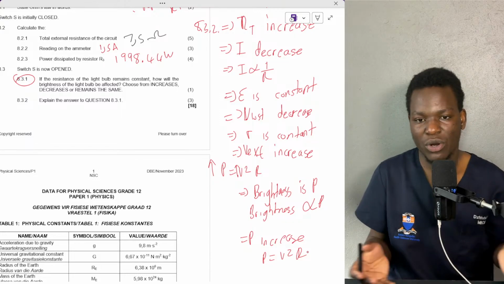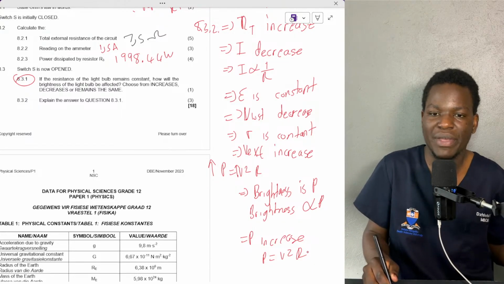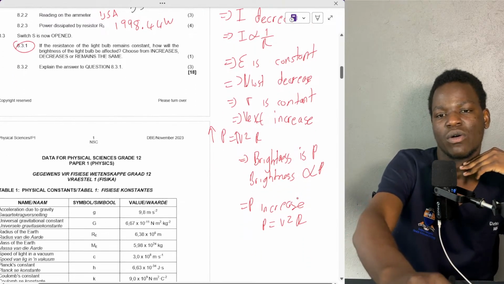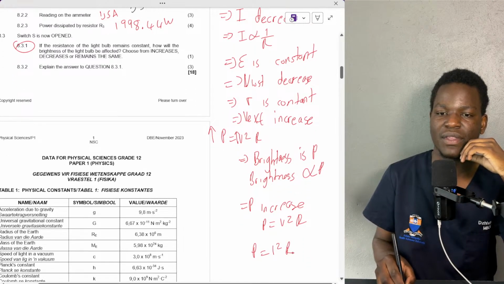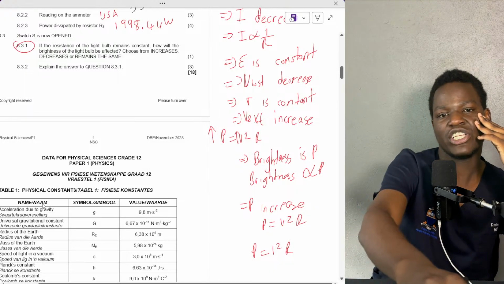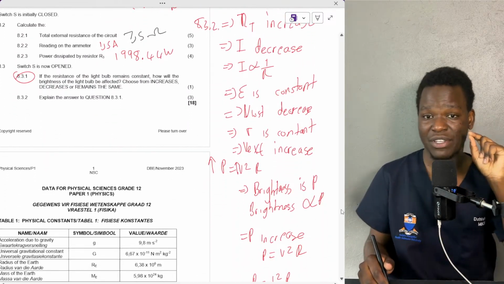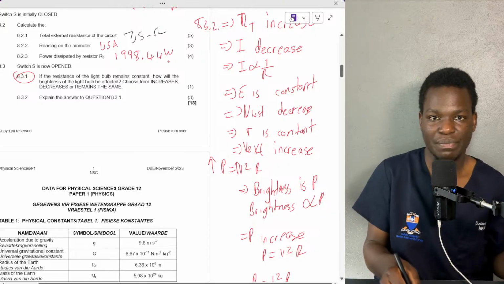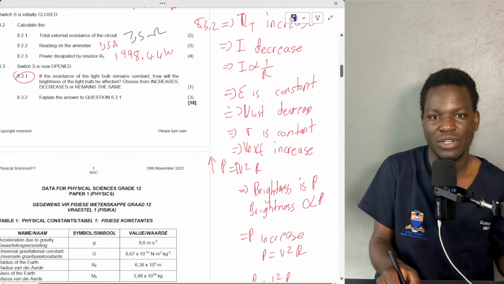Now someone will be asking, how about those other equations of power? What do we make of them? So there's also this power equals I squared R. This one needs you to first see this current. Let me show you where some students make the mistake.